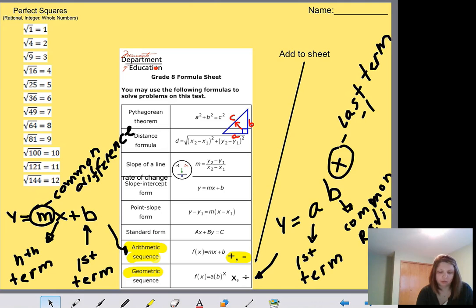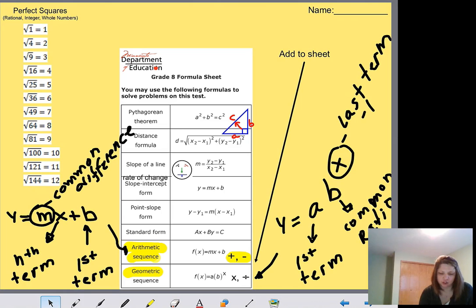So m will be the common difference, x will be the nth term of the sequence, the one that we're looking for, the term we don't know. And b will be the first term of the sequence. So this is all about arithmetic.